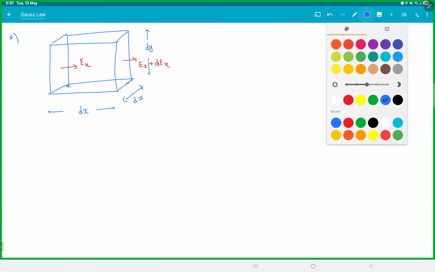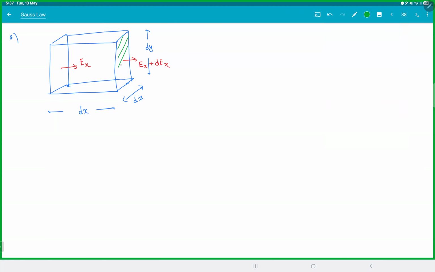So if you want to find the flux only due to this face, look at this is the area we are talking about. Flux due to Ex will be, now you know the area vector will be out of the plane. So out of the box, this will be Ex plus dEx into area, which is dy dz.